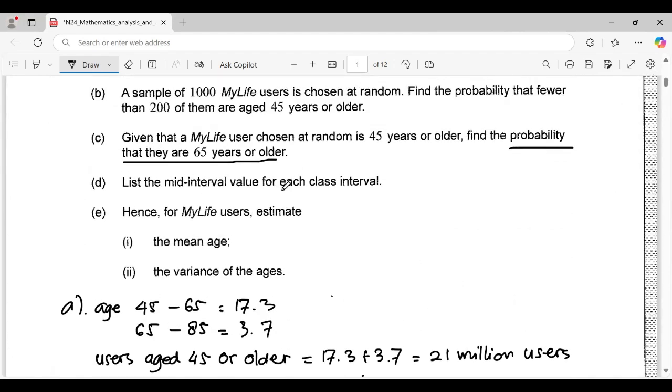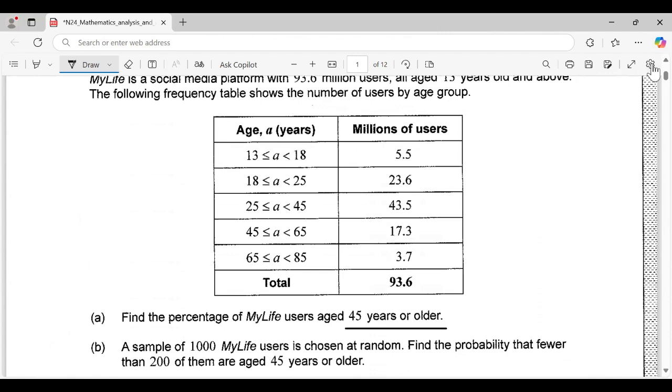Next, D. List the mid-interval value for each class interval. So the midpoint: 13 plus 18 divided by 2 is 15.5.